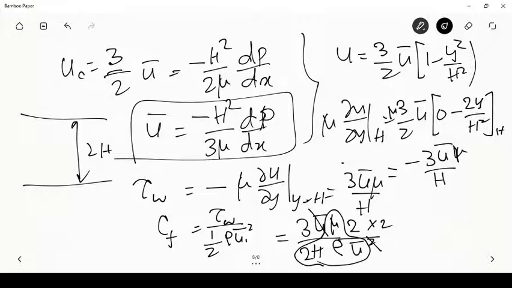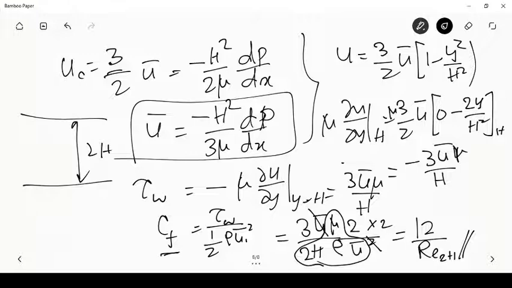So 3 into 2 into 2 is 12, divided by Re 2h is the expression that I get. So that is the relationship for the skin friction coefficient as a function of Reynolds number for a parallel plates channel. Okay.